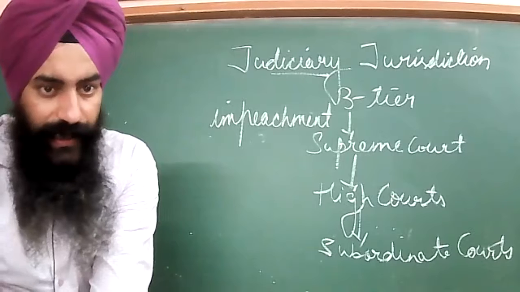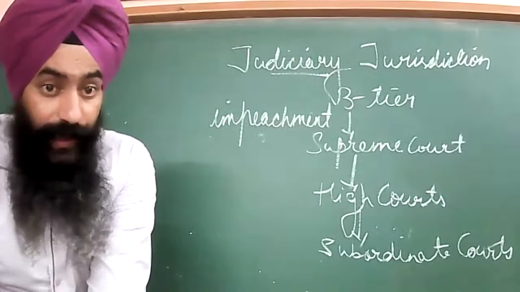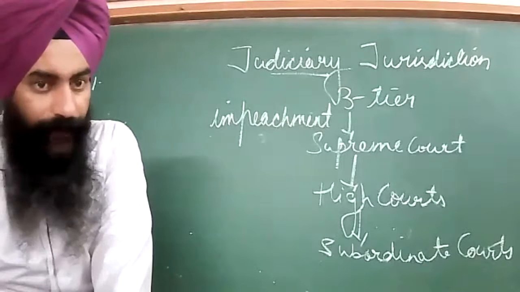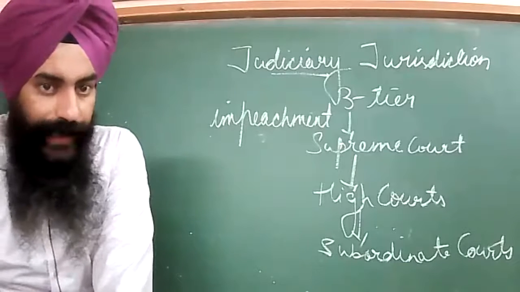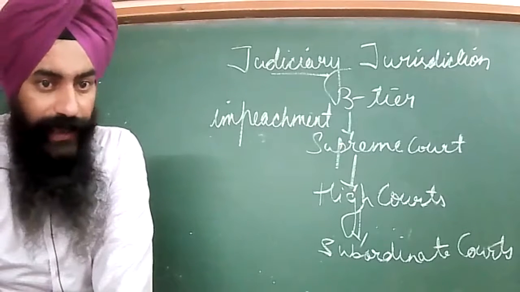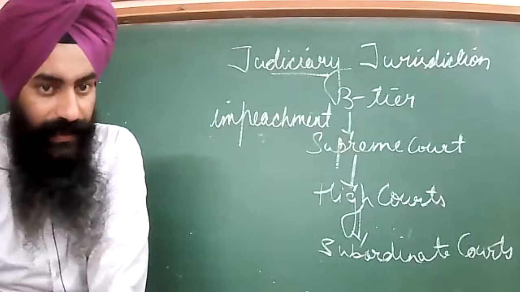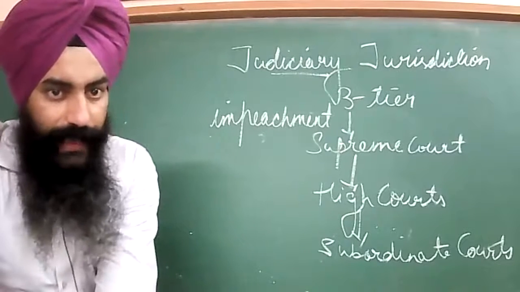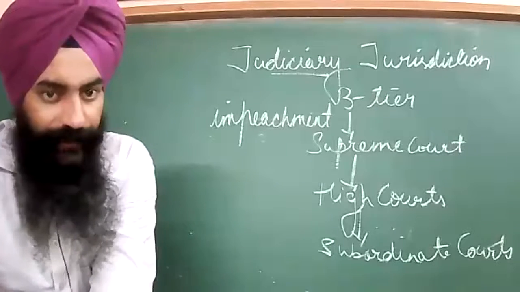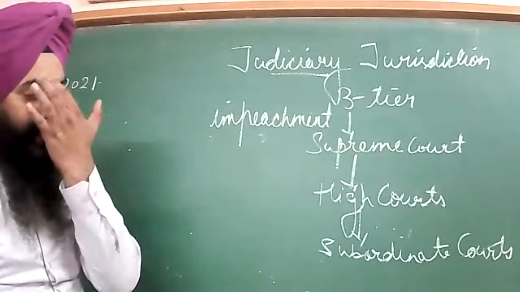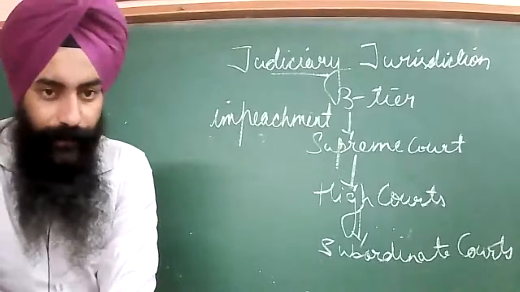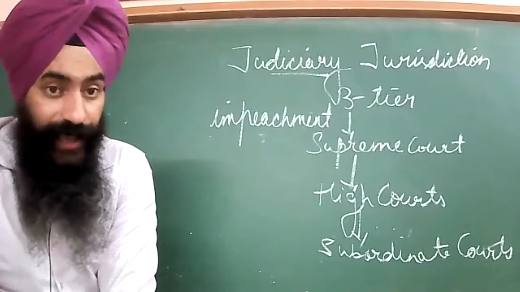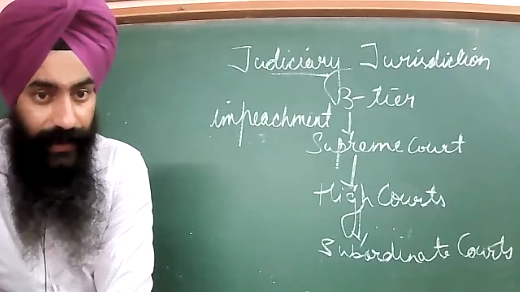Third difference: in criminal law cases, the court is empowered to charge a fine and to imprison the guilty, that person against whom the case is proved, or discharge the defendant.